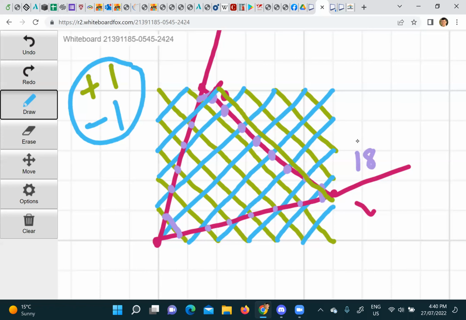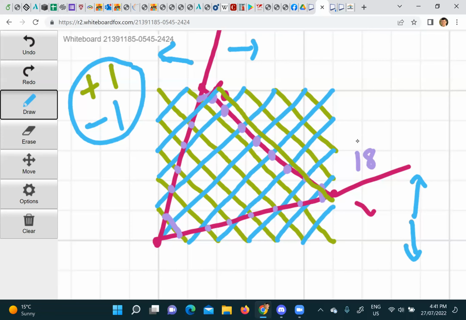And then we realized that all the other triangles can be gotten from this triangle by moving the edges, moving these points right and left, and this one up and down. And then what we noticed is every time we move left, we might cut fewer squares because it hits fewer green lines as we go left.